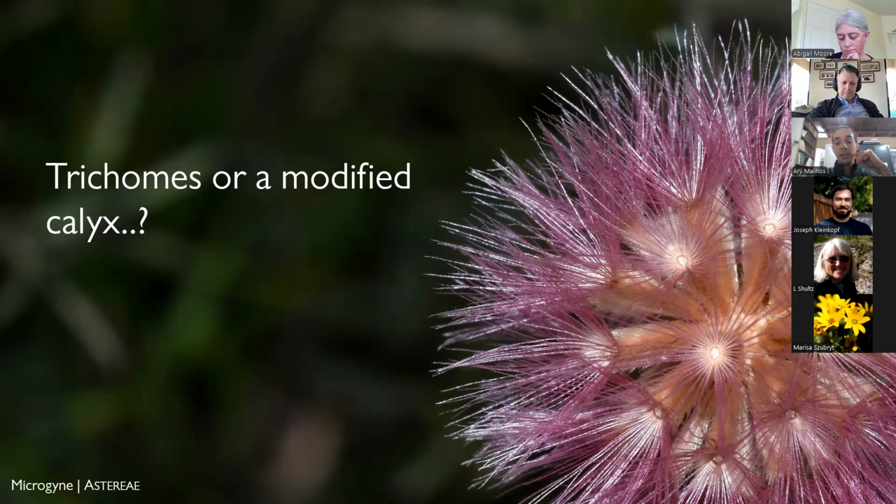So that's pretty solid evidence for its origin. Also, I should mention that Pappus elements in many species have vascular bundles within them, which we wouldn't find if it were a structure derived from a trichome, right? So that's just so we're all on the same page here.